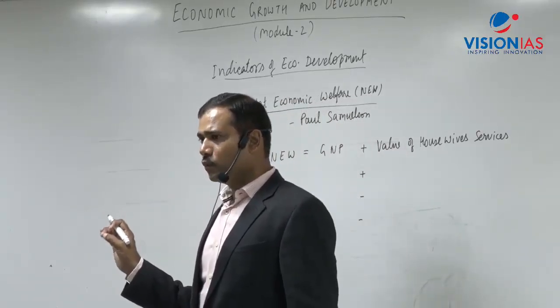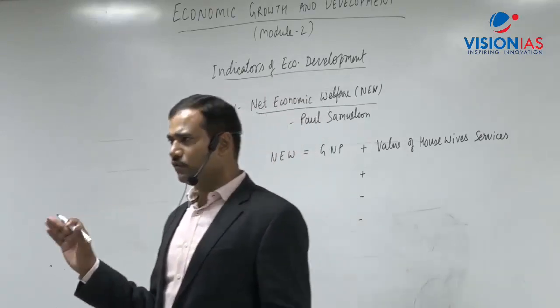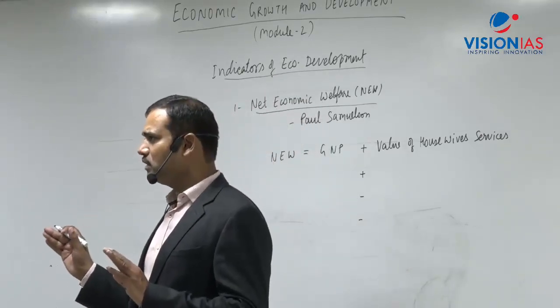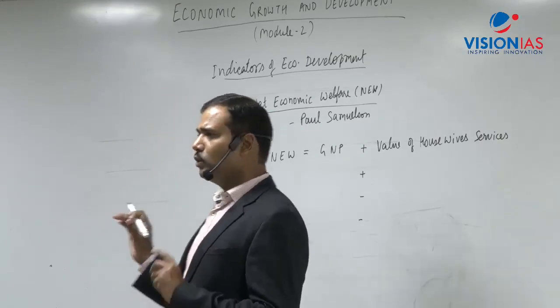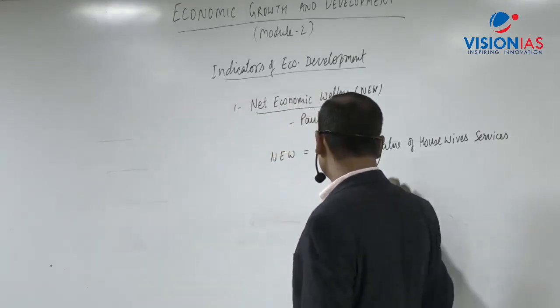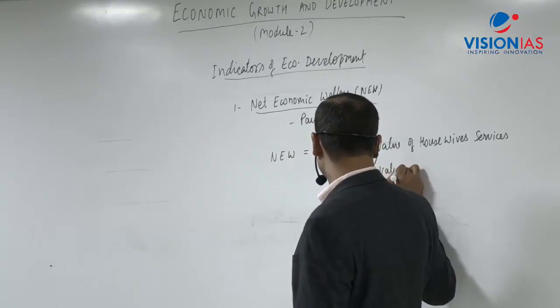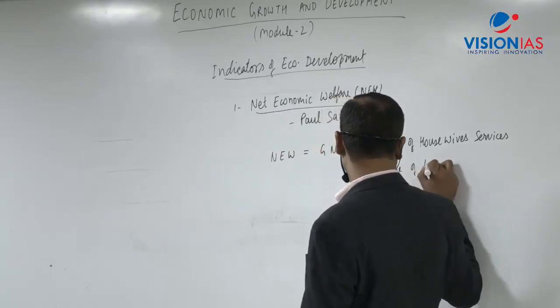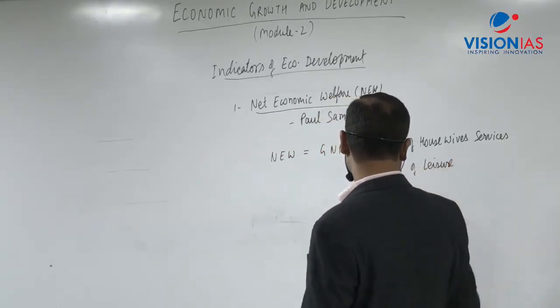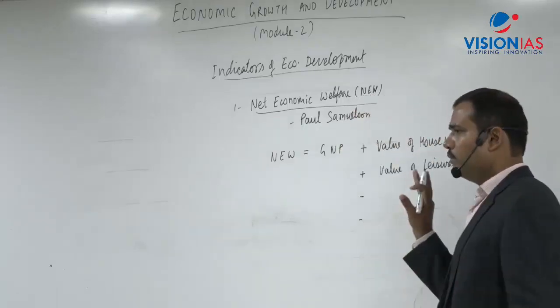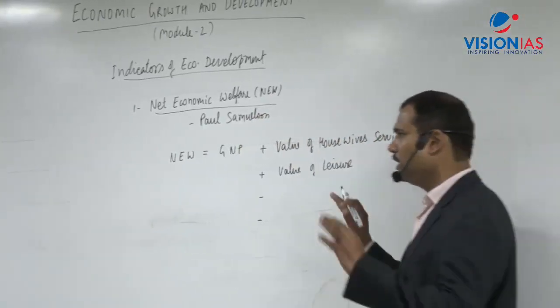Yes or no? So that is called what? There is a term: the free time available with people or workers in general is called leisure. So he said that value of leisure should also be estimated. Leisure means free time with workers. So how much free time people are having?